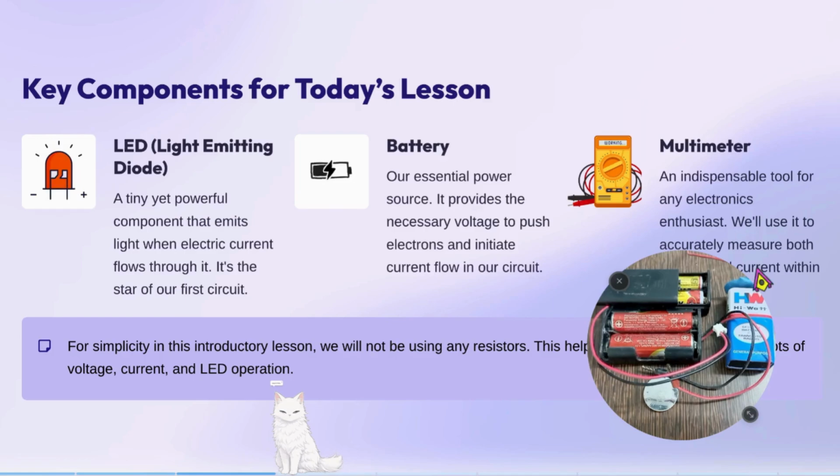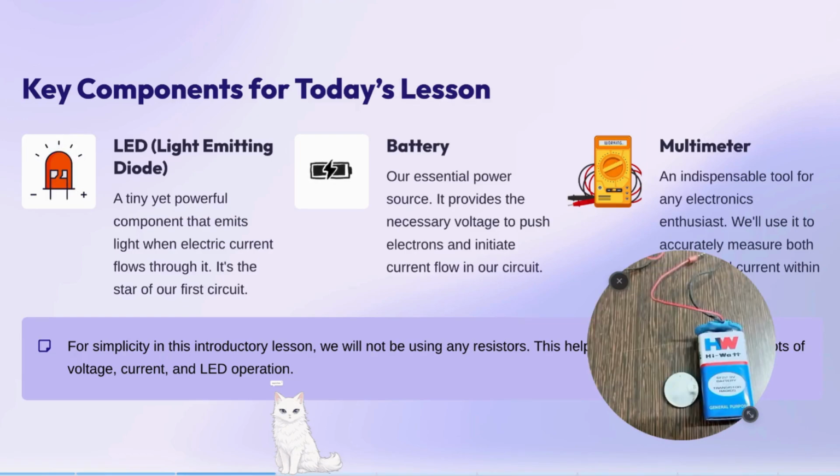Coming to this blue battery, which is a 9V battery. The 9V battery comes with a capsule that you attach, and again it has the positive and the negative wire.